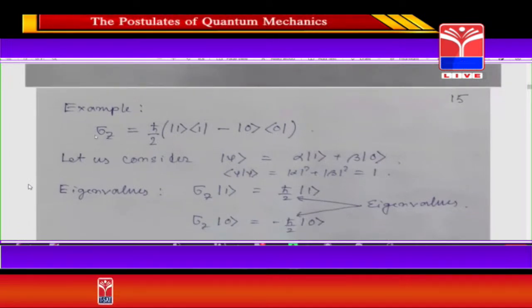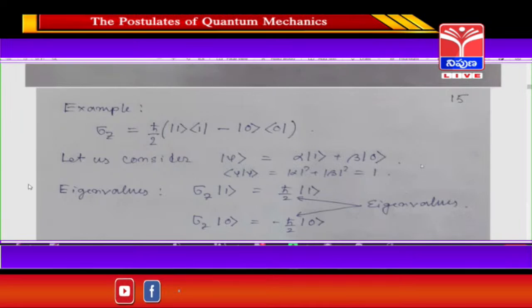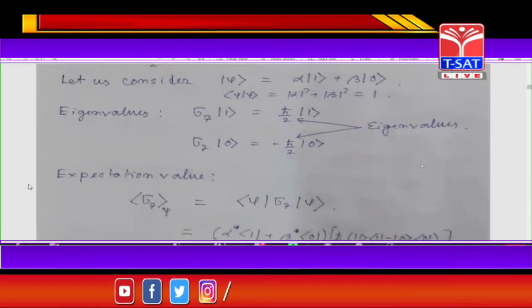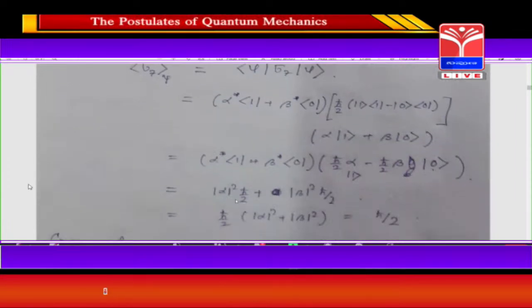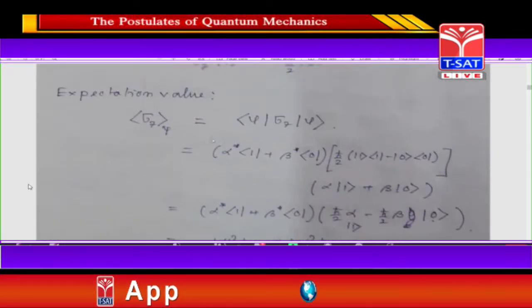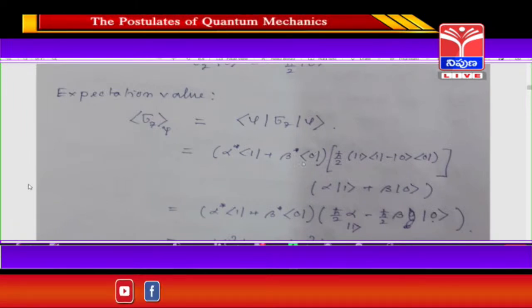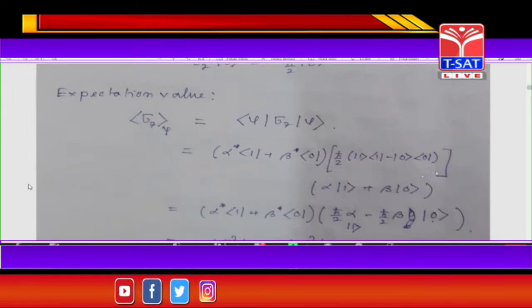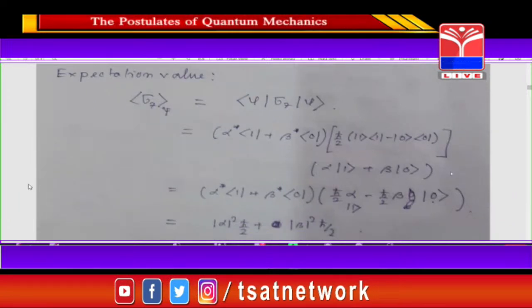So if we do, say, sigma z, okay. The inner product of xi is 1. Let's say xi is alpha 1 plus beta 0. If we do this inner product xi over alpha, we get this one, which is not an eigenvector. So this xi we write like this: alpha star 1 bra plus beta star 0 bra, the sigma z matrix, and then the ket vector alpha 1 plus beta 0.